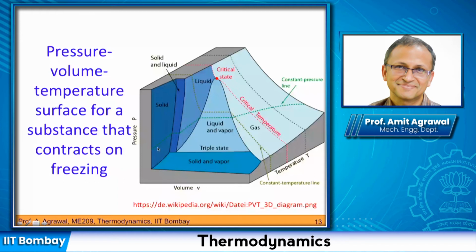Now, if I increase the pressure, so I essentially go to a different height, you can see the whole process, whatever we have just described, will repeat. And this two-phase region, which is between the liquid and the vapor region, is going to reduce.